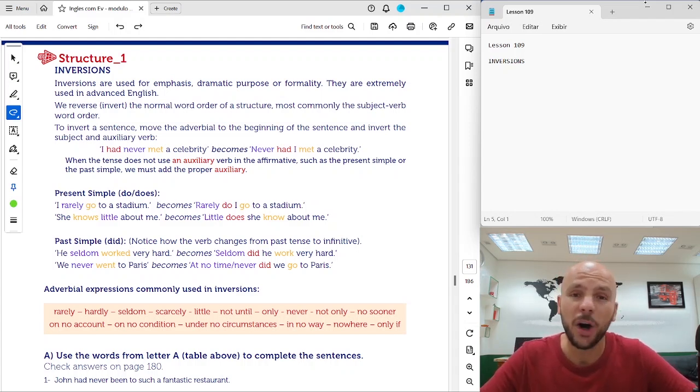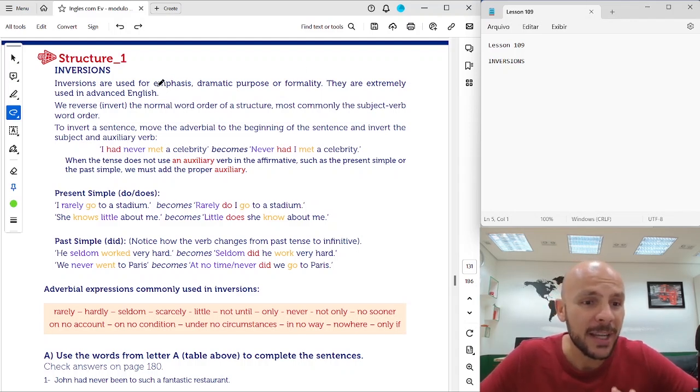All of the advanced certifications have inversion exercises in their tests, okay? And of course, it's not only for tests, it's also for your life. Just by using inversions, you're showing that you speak English at an advanced level. So let's get down to it.